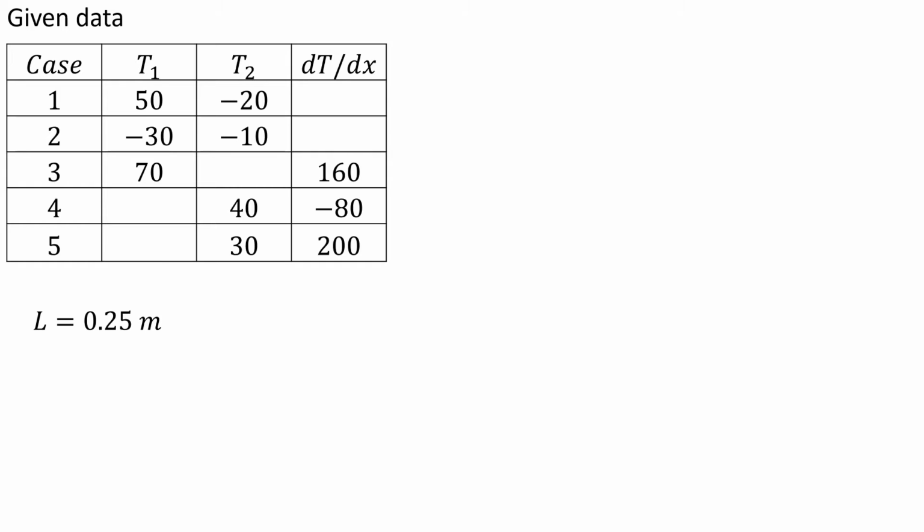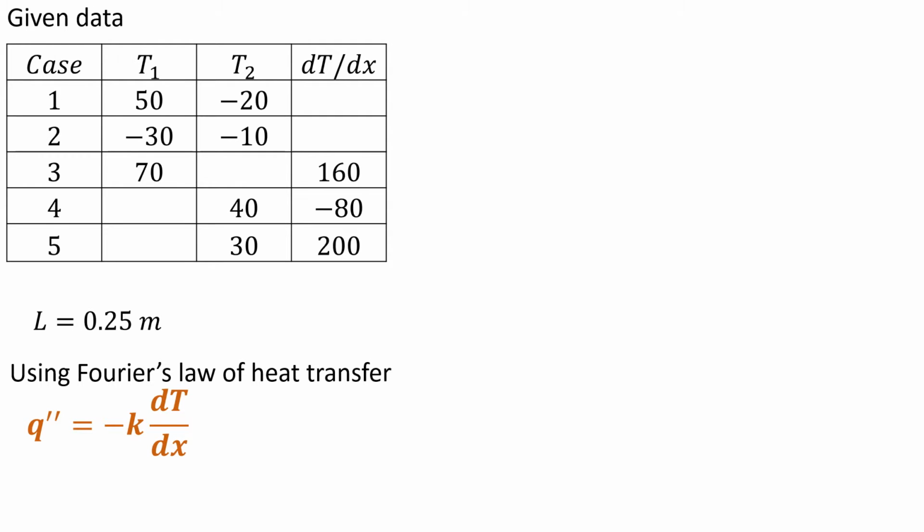The length of the material is 0.25 and the thermal conductivity is 50 watt per meter Kelvin, given in the problem statement. Now we are going to use Fourier's law of heat transfer, and it states that Q double dash is equal to minus K dt by dx. Here Q double dash is the heat transfer per unit perpendicular area.